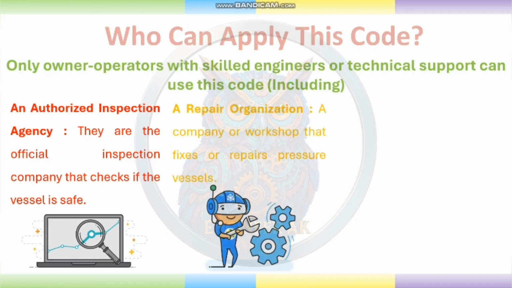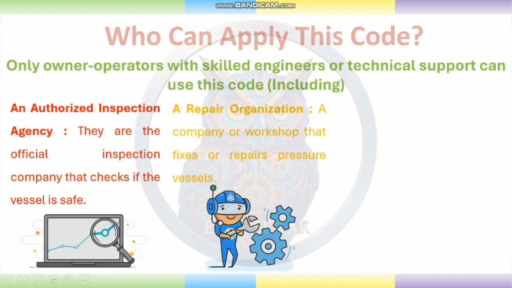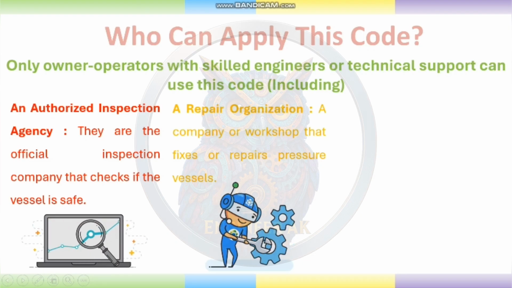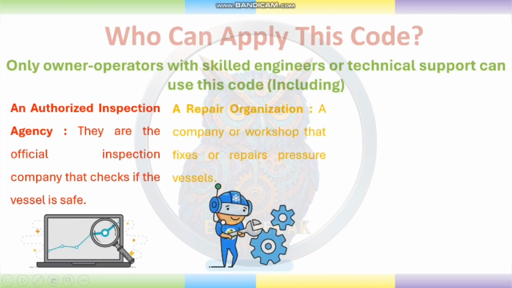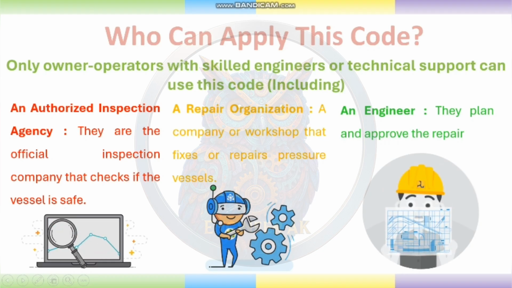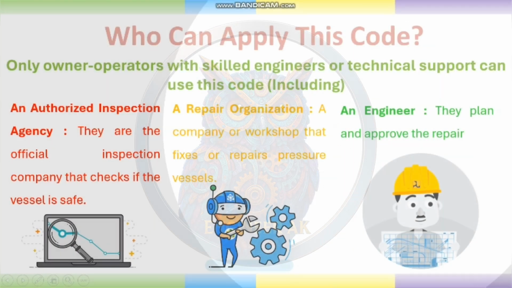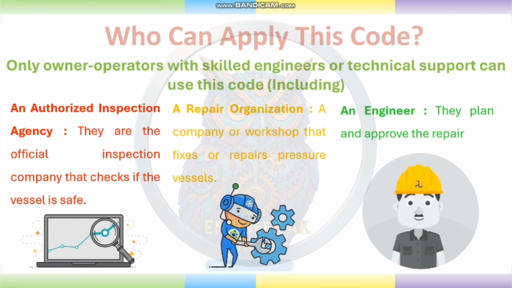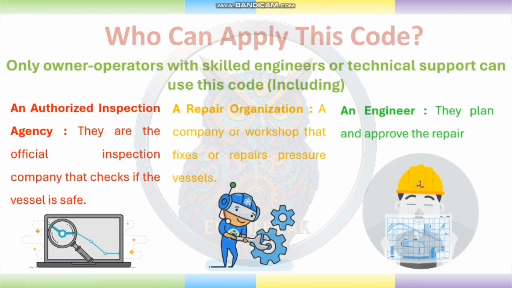The second one is a repair organization, a company or workshop that fixes or repairs pressure vessels, like if there is any flaw in the vessels and they have to repair it. The third one is an engineer who will plan and approve the repair. They will make the procedure and plan all the necessary requirements for the repair.